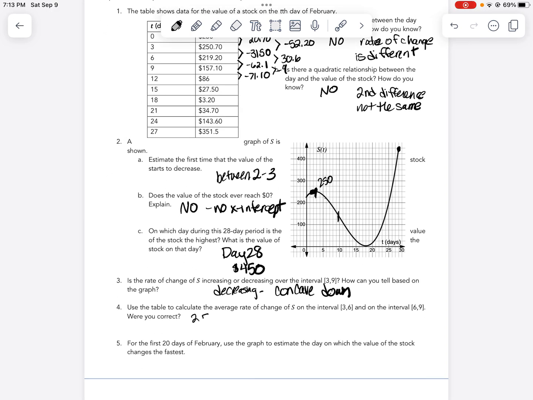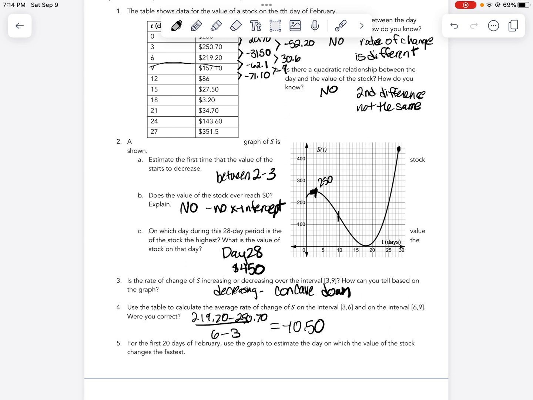So we could do 250.7. Wait, what interval are we doing here? 3 to 6. Okay. So let's see here. 219.20 minus 250.7 over 6 minus 3. Well, that turns out to be about 10.5 a day.